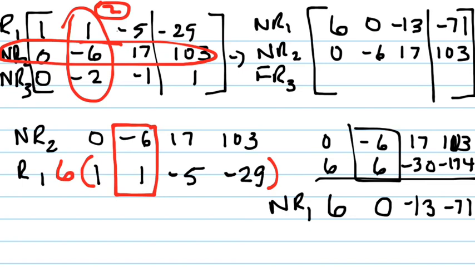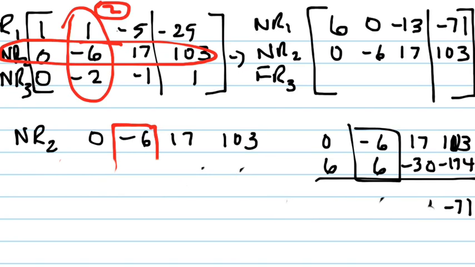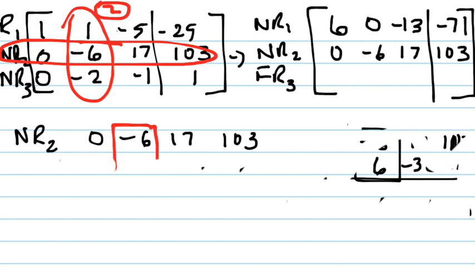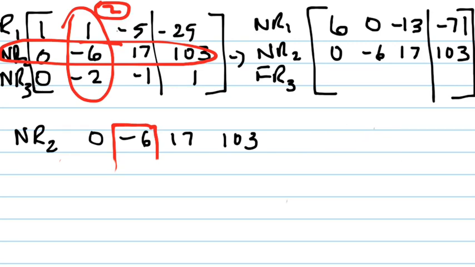Okay, now, done that one. Now we're still going to use new row 2. But this time we're going to use it with new row 3 to get our final row 3. Okay. So new row 3, which is 0, negative 2, negative 1, 1.